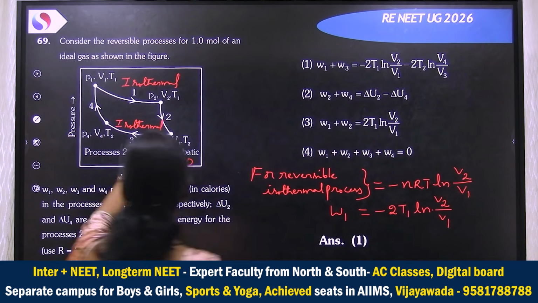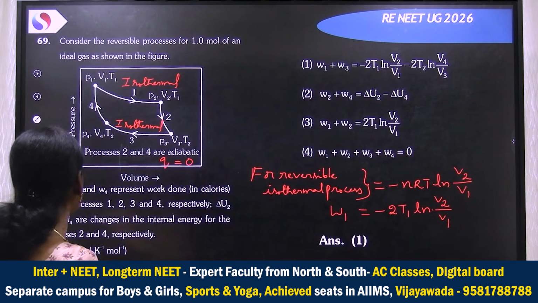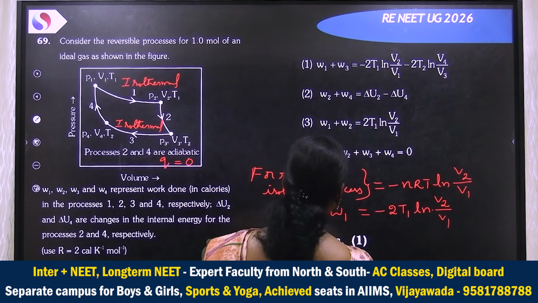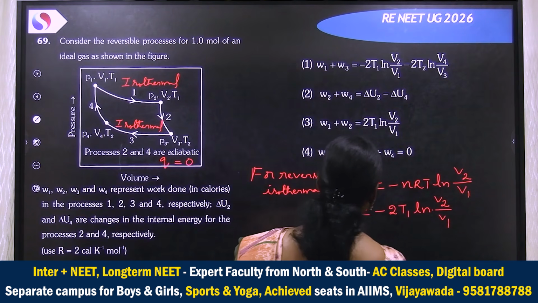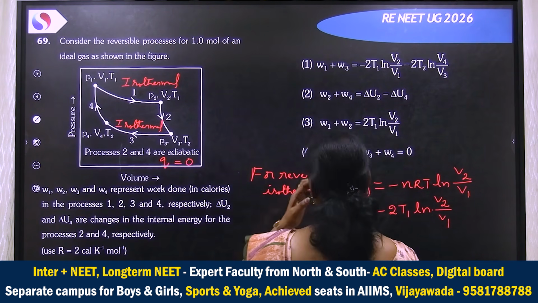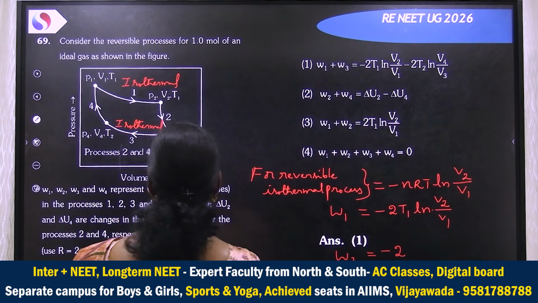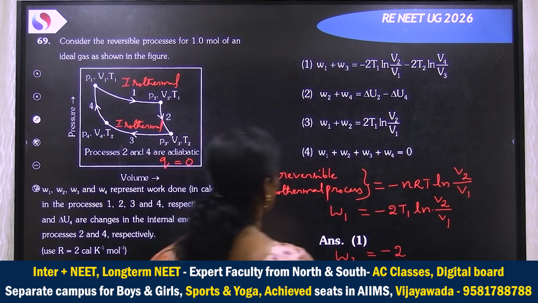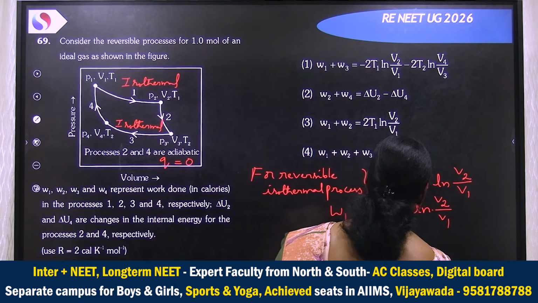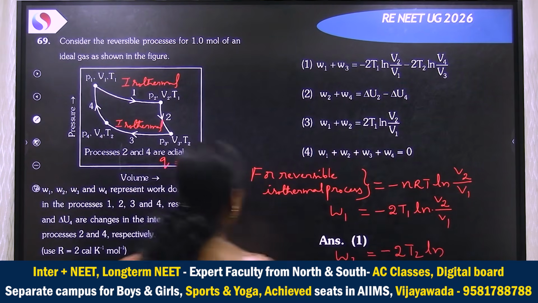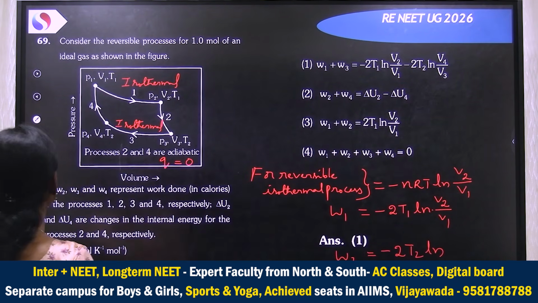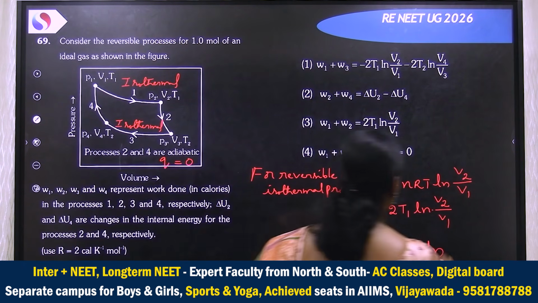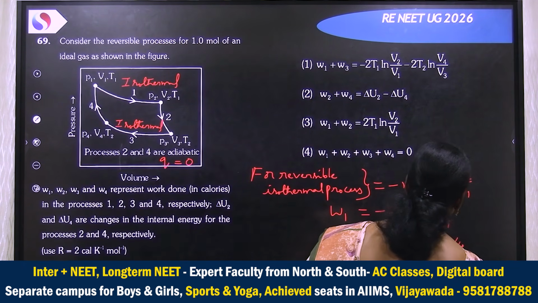In the third process, again an isothermal reversible process, W3 equal to minus 2. The temperature in the third process is T2, so minus 2T2 ln. The final volume in the third process is V4, the initial volume is V3. So V4 by V3.